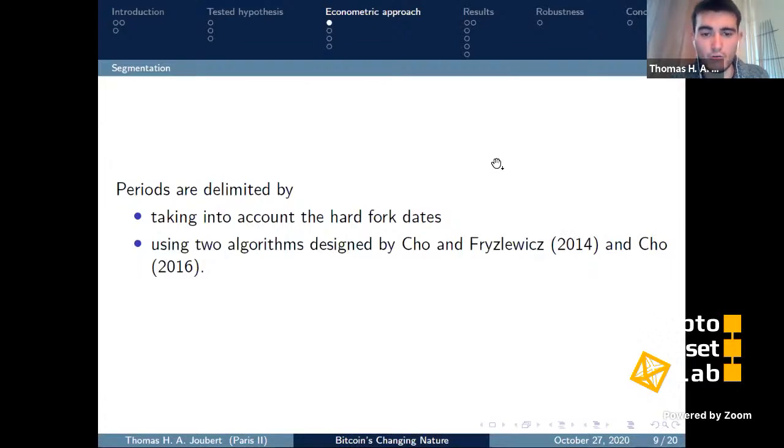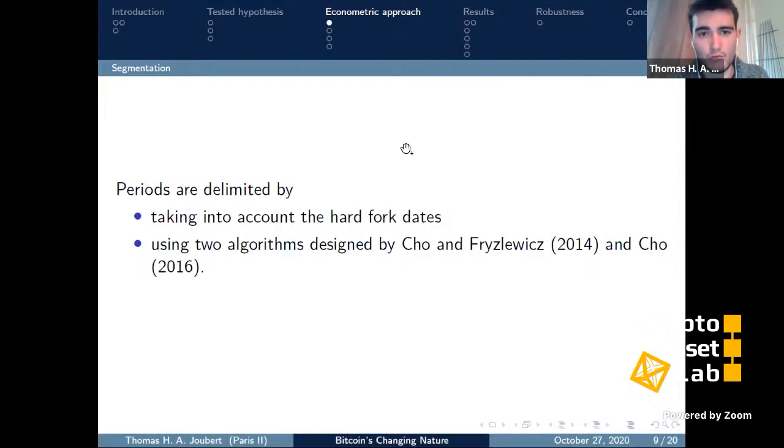These two algorithms have several advantages. One of them is that it allows to detect more than one breakpoint date, which is usually not the case, for example, in the Zivot-Andrews test. And it is also designed not to detect too many breakpoint dates. This is why I chose it.